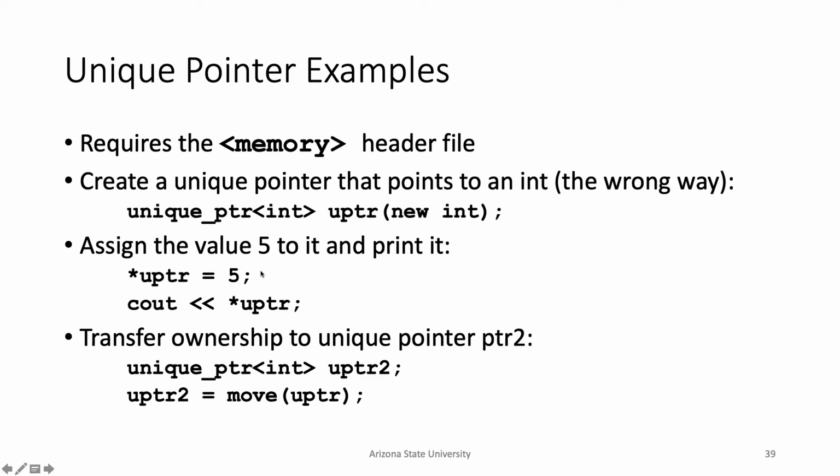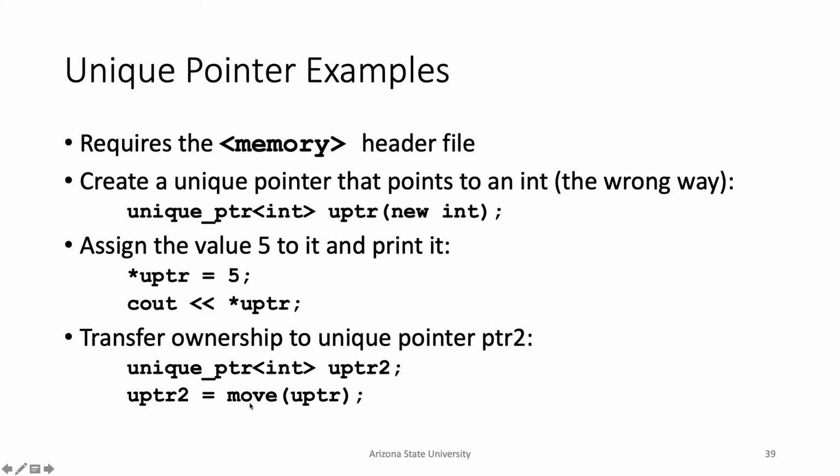So if you really need a pointer, use unique_ptr because it's guaranteed to work if you have multiple ways of exiting a function. But if I want to transfer ownership to a different unique pointer, I have to call this very important function. Maybe we'll talk more about it later, but this function is called move.